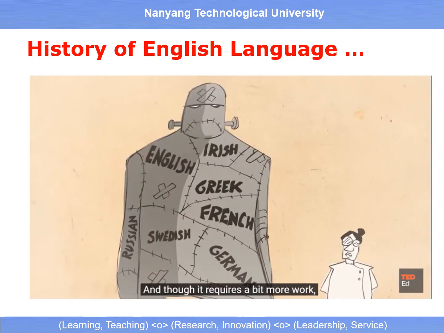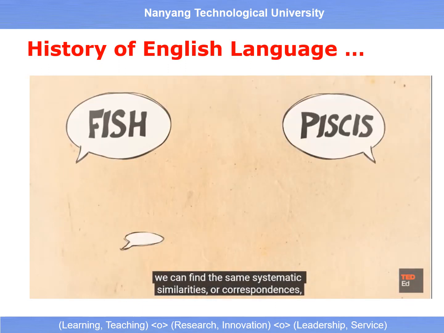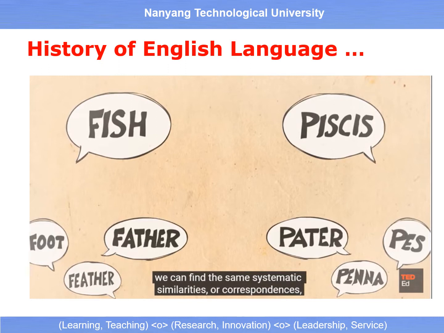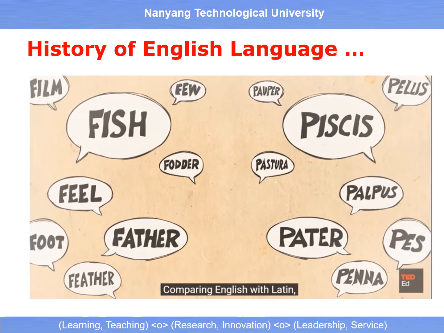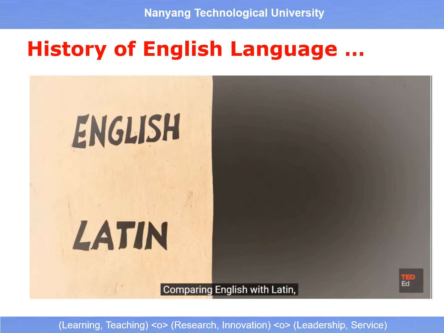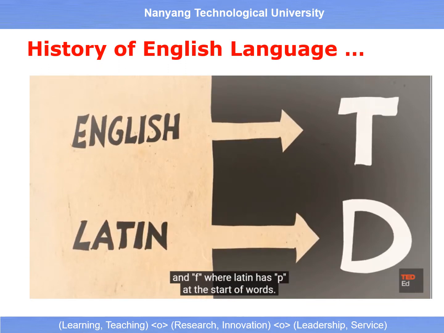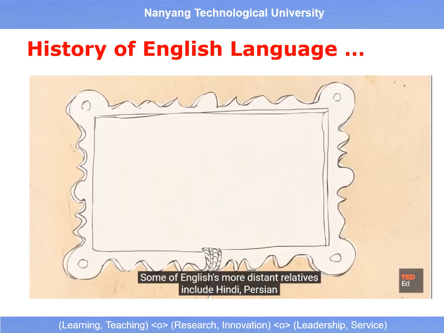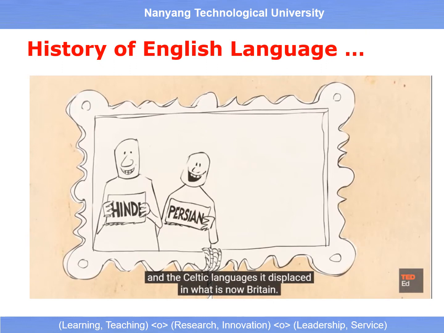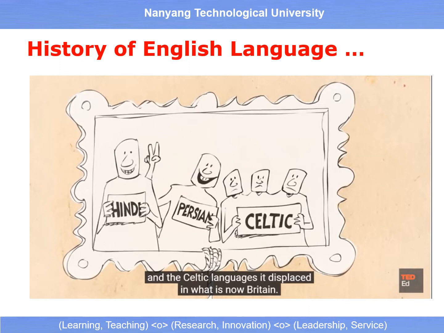And though it requires a bit more work, we can find the same systematic similarities, or correspondences, between related words in different Indo-European branches. Comparing English with Latin, we see that English has T where Latin has D, and F where Latin has P at the start of words. Some of English's more distant relatives include Hindi, Persian, and the Celtic languages it displaced in what is now Britain.